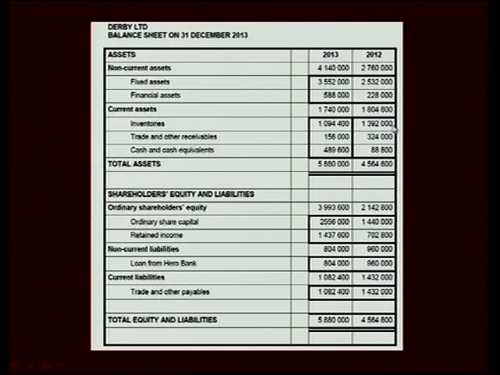Grade 12, remember, every time when I say at the beginning of the year, I mean the last day of December 2012, the first day of January 2013. Our financial year runs from the 1st of January till the 31st of December. So on the last day of December last year, first day of this year, we had 1.3 million rands worth of trading stock or inventories.